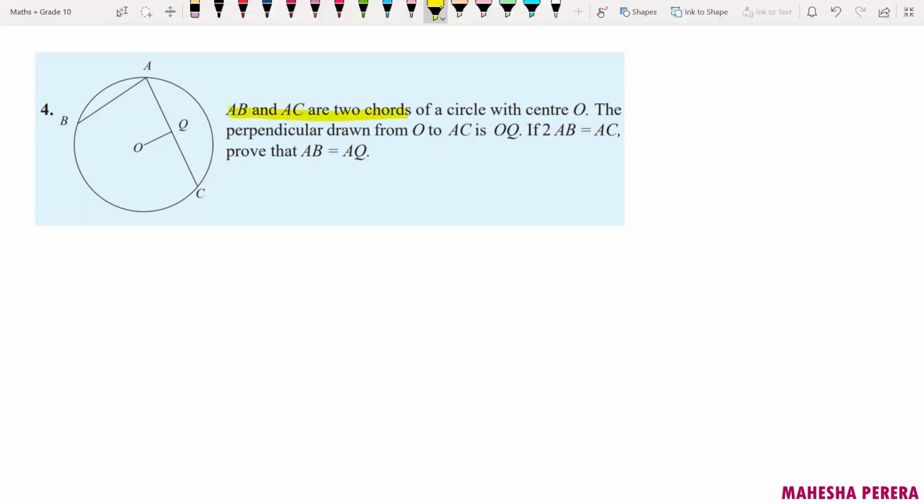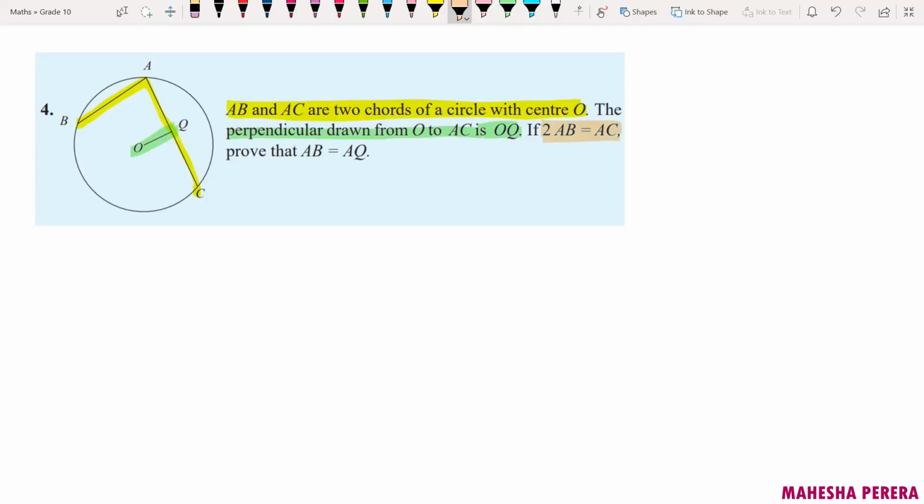AB and AC are two chords of a circle with center O, right? So this is AB and here is AC. The perpendicular drawn from O to AC is OQ, right? This is OQ, the perpendicular. 2AB equals AC.